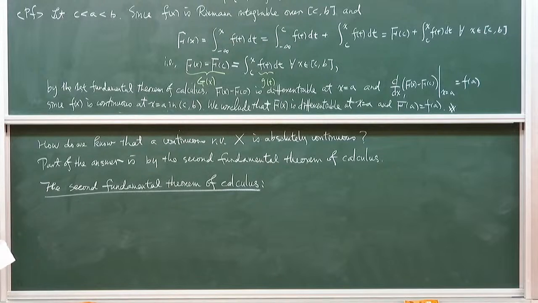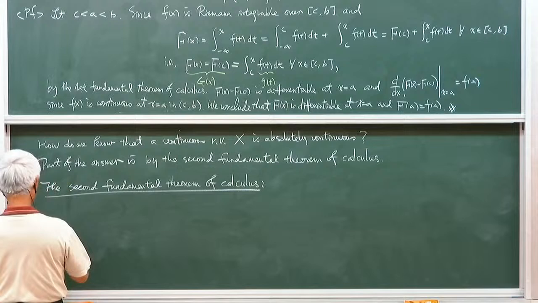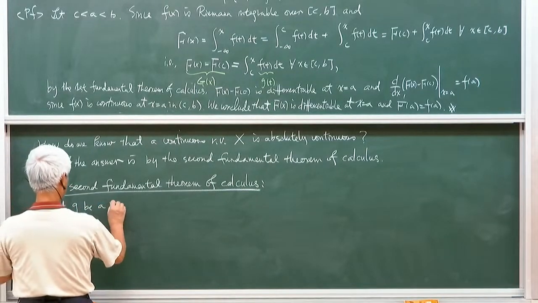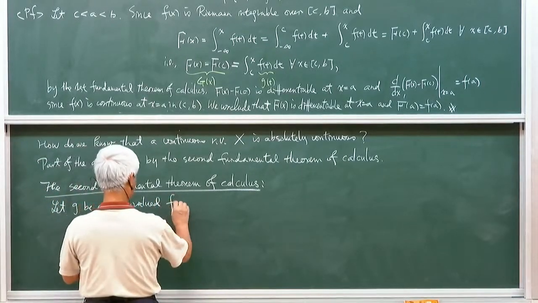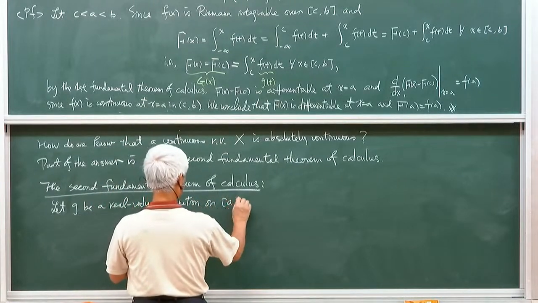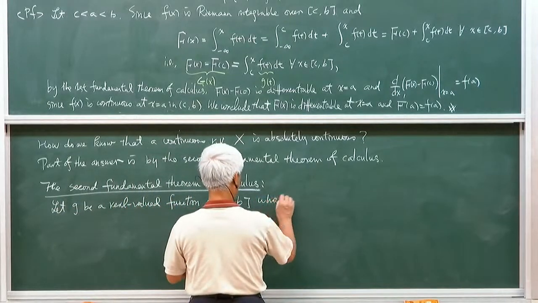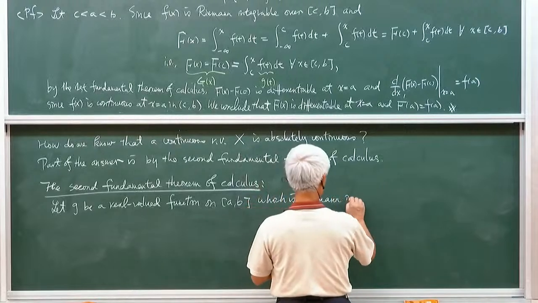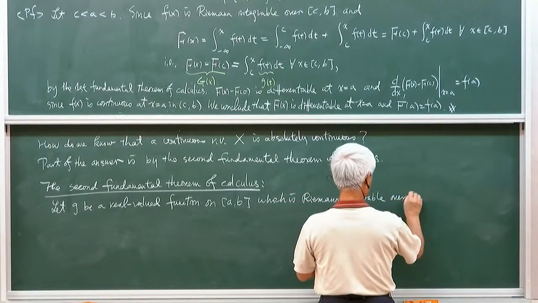Okay, it's kind of a review of the main result in calculus. So let little g be a real valued function on a finite closed interval AB, which is Riemann integrable over AB.